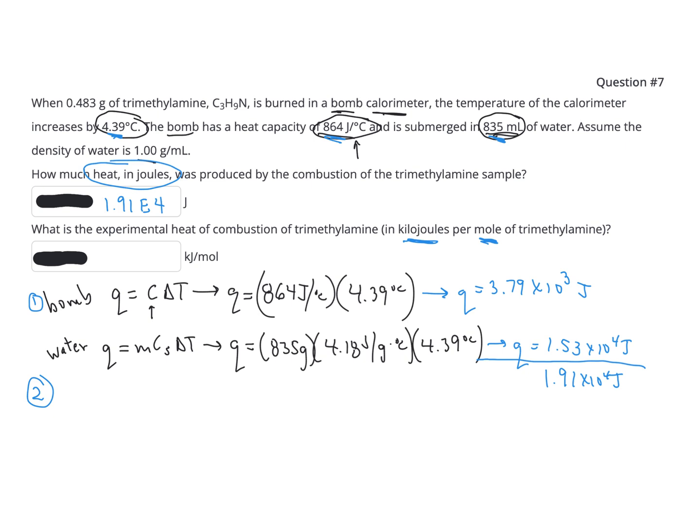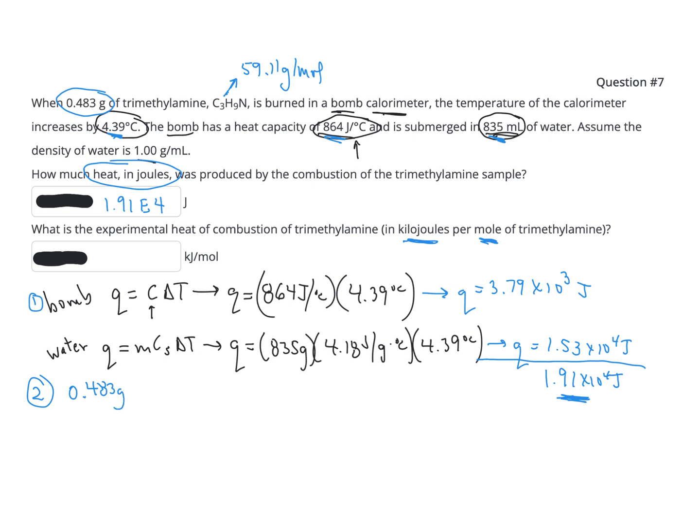If you thought in the first part that there were some numbers I didn't really use, we're going to use those now, because we found the energy and now need to convert it into energy per mole of trimethylamine in the reaction. If we look up trimethylamine, it has a molar mass of something like 59.11 grams per mole.